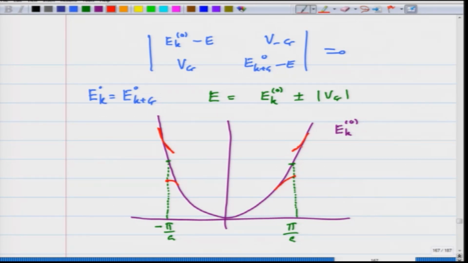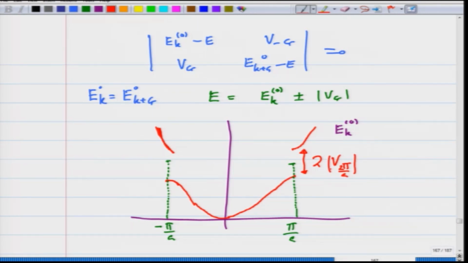So, now I am going to erase the middle part and show you what the energy structure now looks like. I am going to erase this part and plot the energy like this, and it opens up here and again goes on top, where this gap is 2 mod V of 2 pi by a.